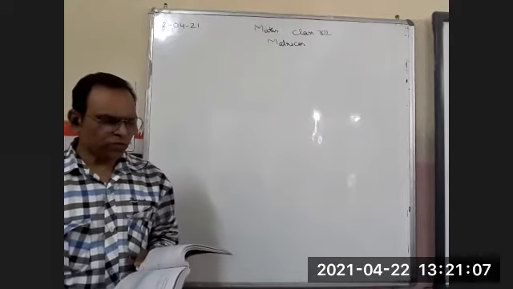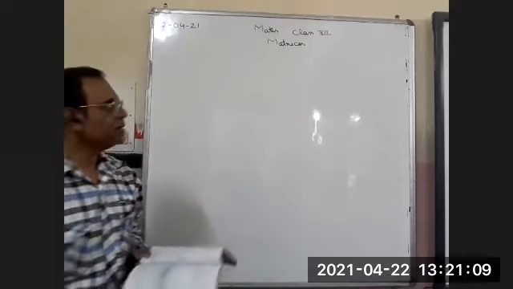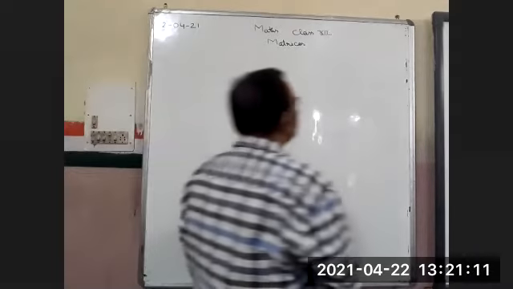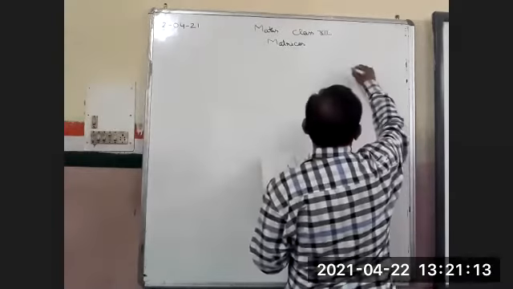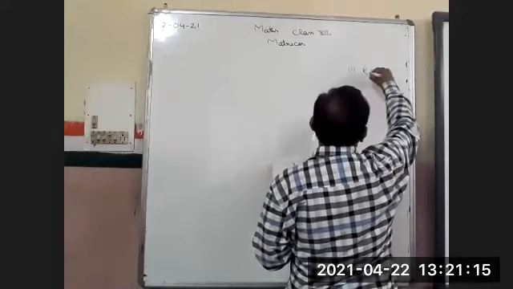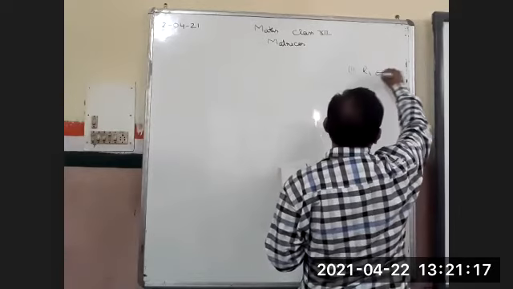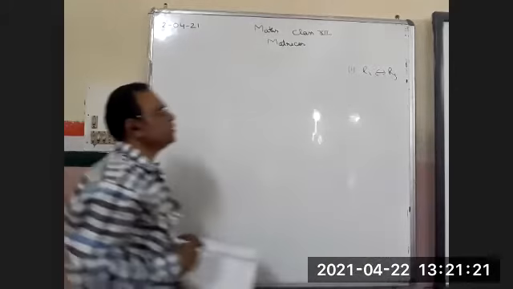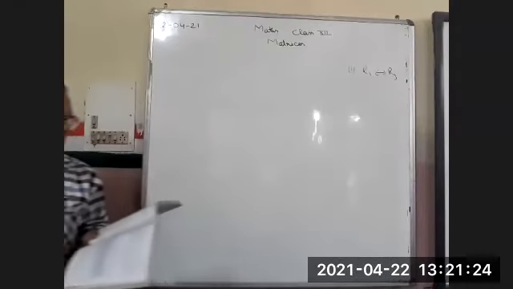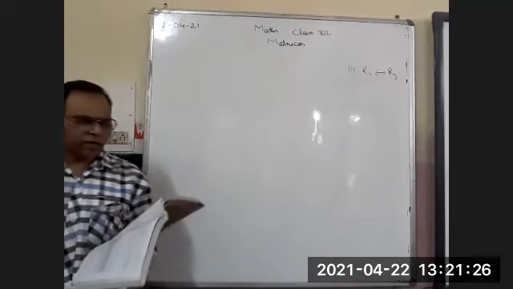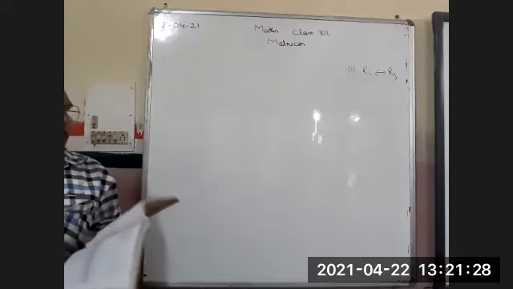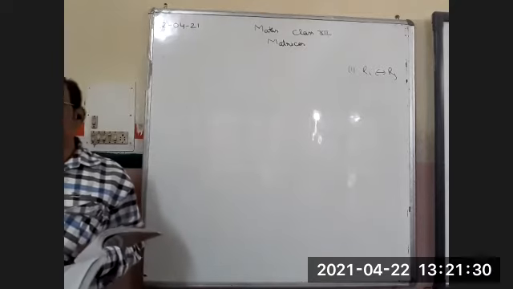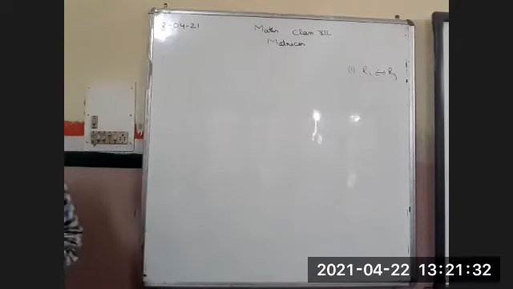We indicate this operation by Ri to Rj. We will do all operations according to rows. You can do columns, it is not that you cannot, but you have to remember that you must use one type of operation, either row type or column type.